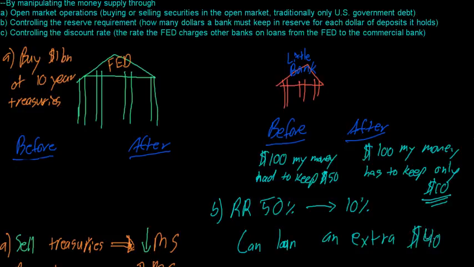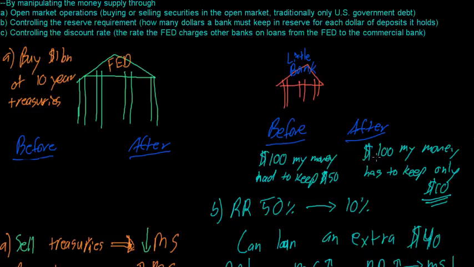And we'll see in the next video how much of a difference that actually makes to the money supply. But you can still see that if the reserve requirement goes down, the money supply goes up. So the reserve requirement going down from 50 to 10 makes the money supply go up. And then vice versa, the reserve requirement going up leads to the money supply going down.